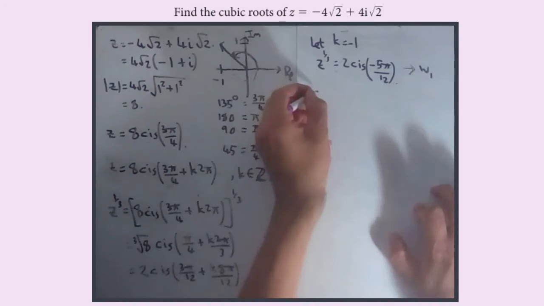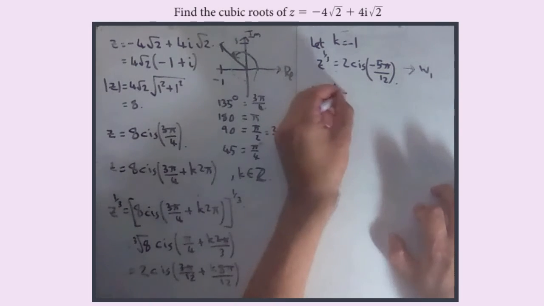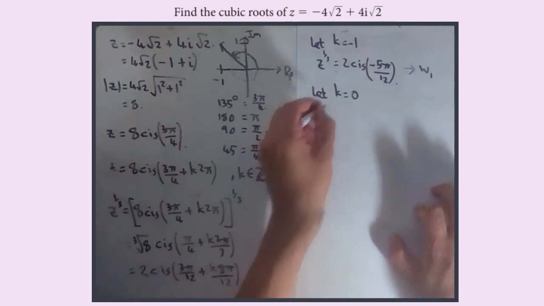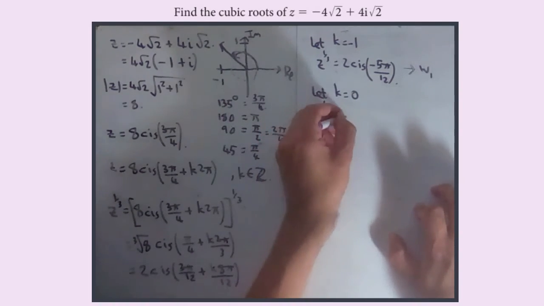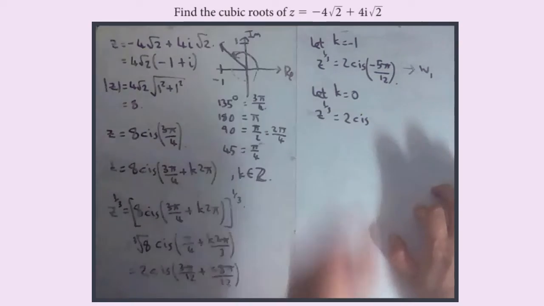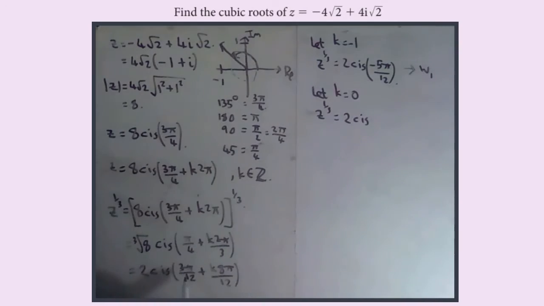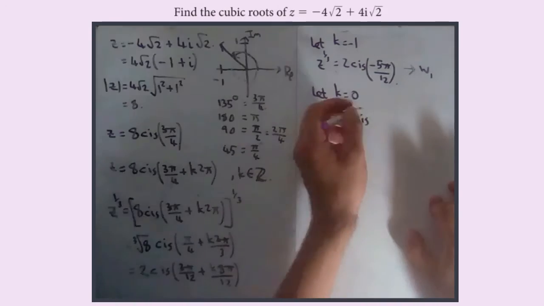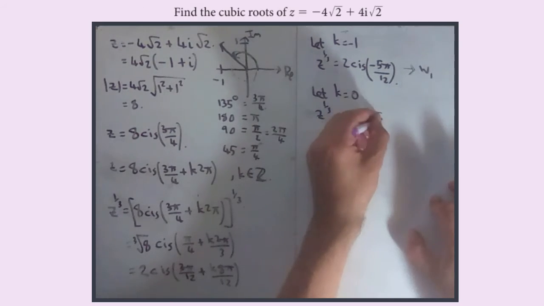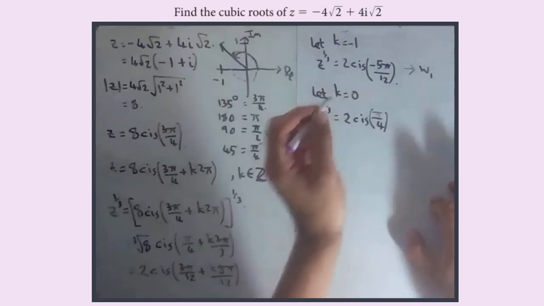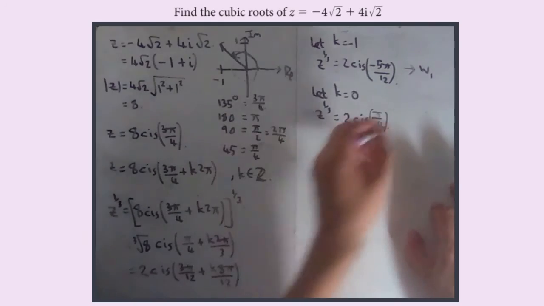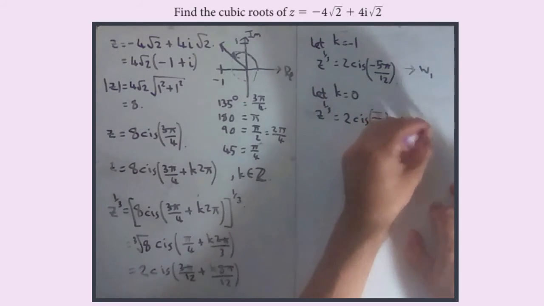If we let k equal 0, so z to the 1/3 equals 2 cis, well, it's 3 pi by 12 plus nothing. So remember, 3 pi by 12 was just pi by 4, so 2 cis pi by 4. Okay, and that can be the second root, W2.